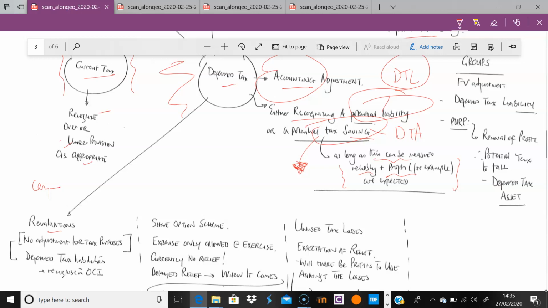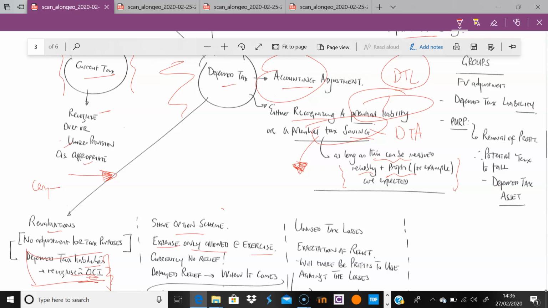We don't recognize those revaluations in the tax base during the revaluation, and therefore we know that more income will be coming in as a result of that revaluation over the life of the use of the asset, and as a result more tax will be paid. So there is a deferred tax liability that has to be recognized, but this is important. This deferred tax liability, key, is recognized within other comprehensive income.